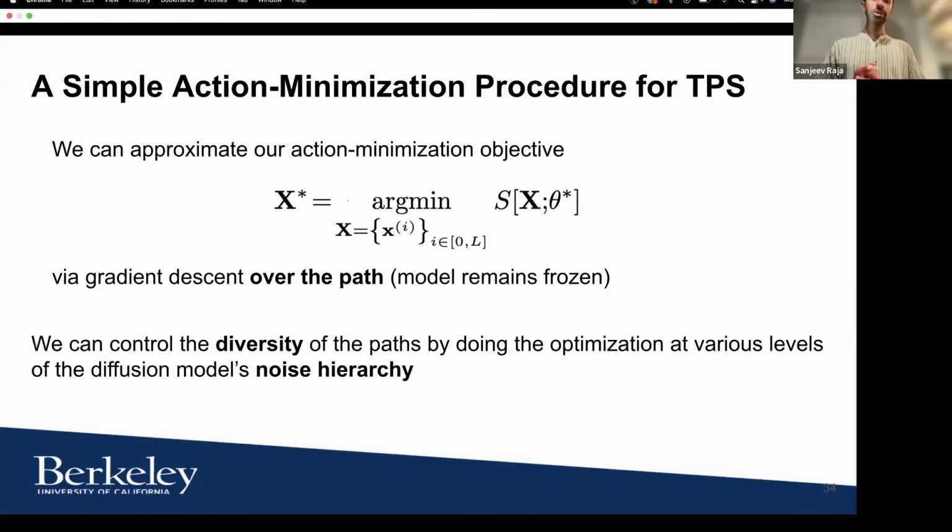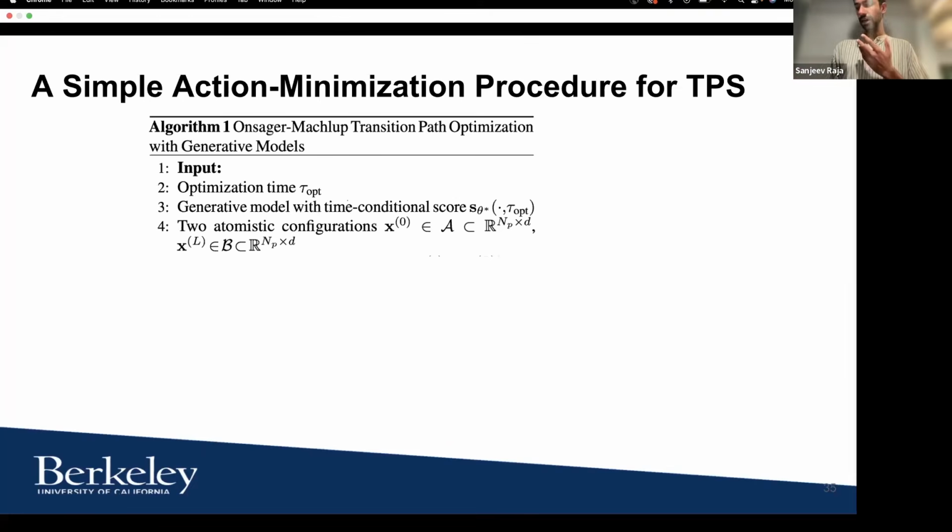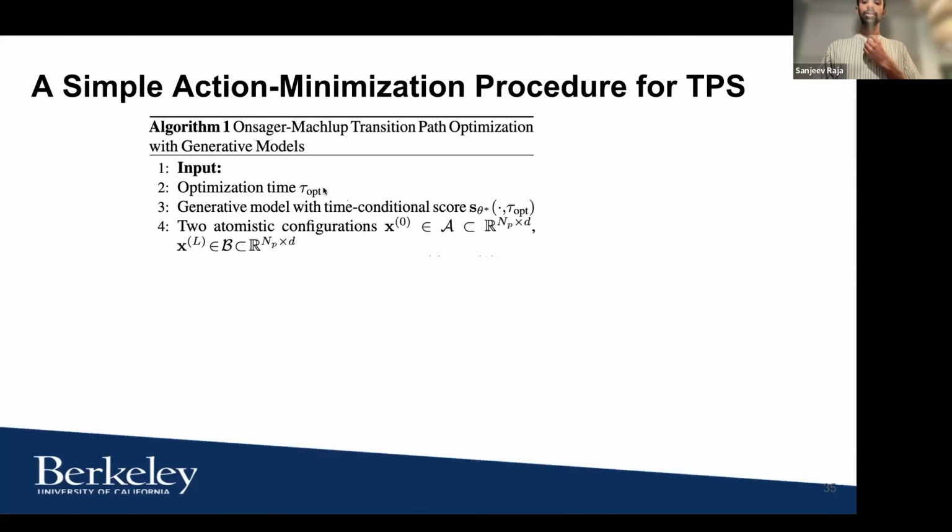Like I mentioned, we can control the diversity of the paths by doing the optimization at various levels of the noise hierarchy, which I'll demonstrate. From an algorithmic perspective, you choose some optimization time. For example, if you want to use a slightly noisier version of the force field, which empirically sometimes correlates better with the true forces, you pick that, and then you have a generative model with the corresponding score function, and two atomistic configurations you want to interpolate between.